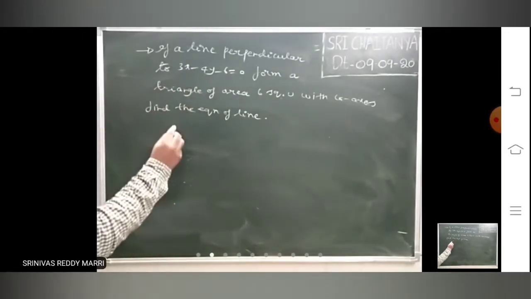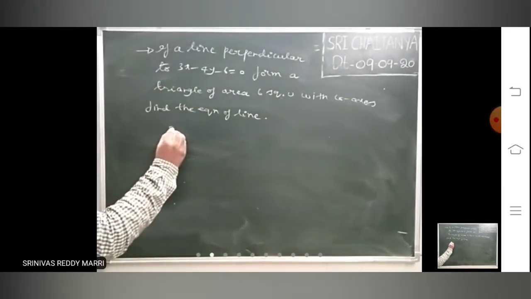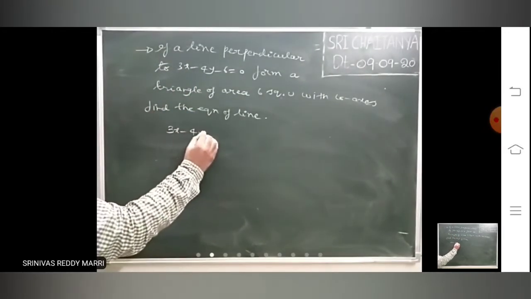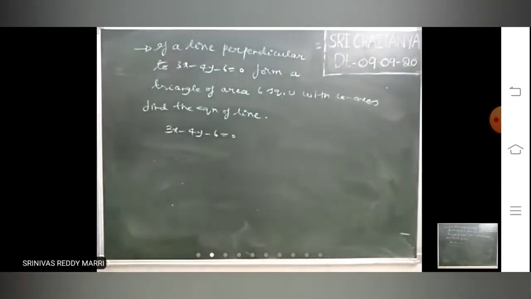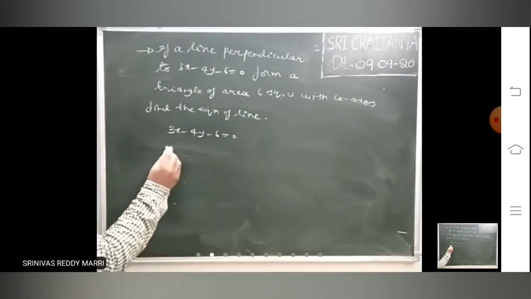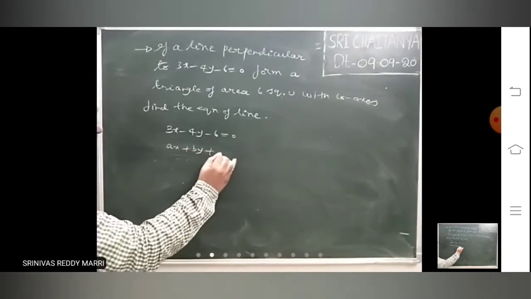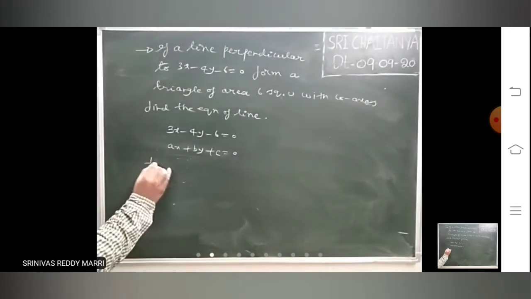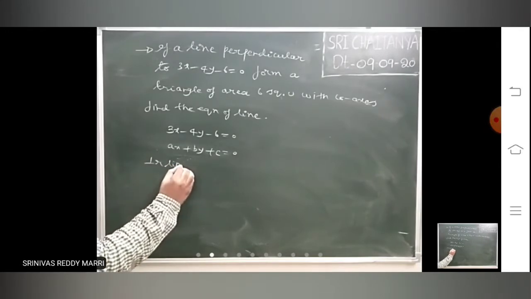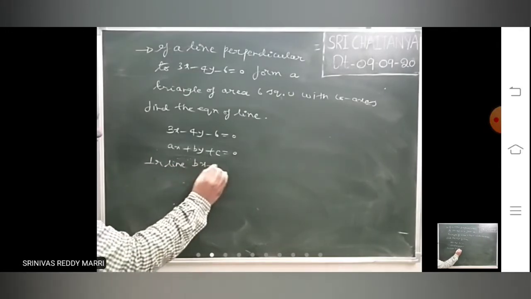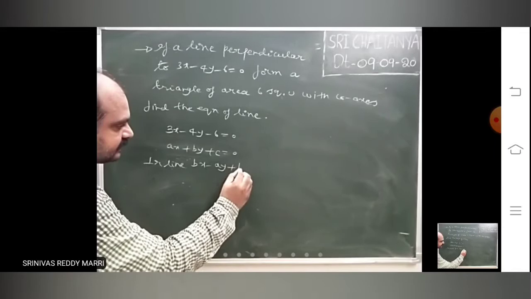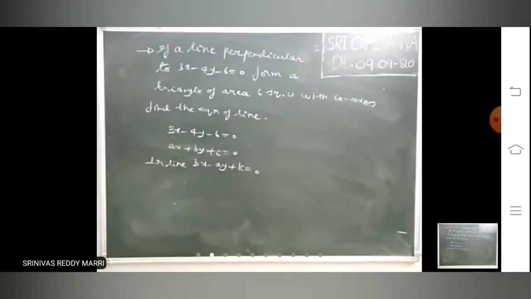So there is a line which is perpendicular to this. Perpendicular to this means, as I told, for ax plus by plus c equal to 0, the perpendicular line will be of the form bx minus ay plus k equal to 0.